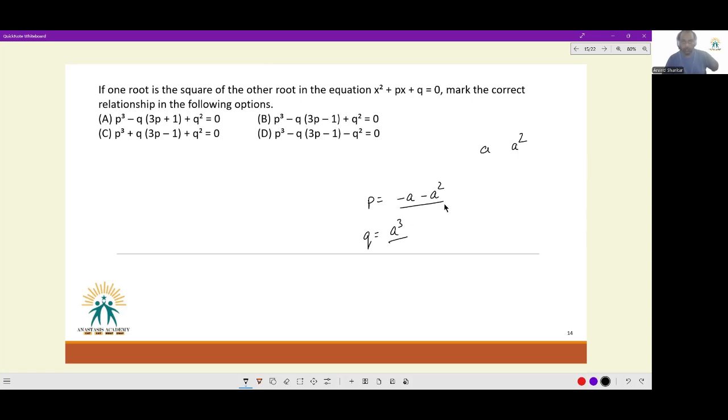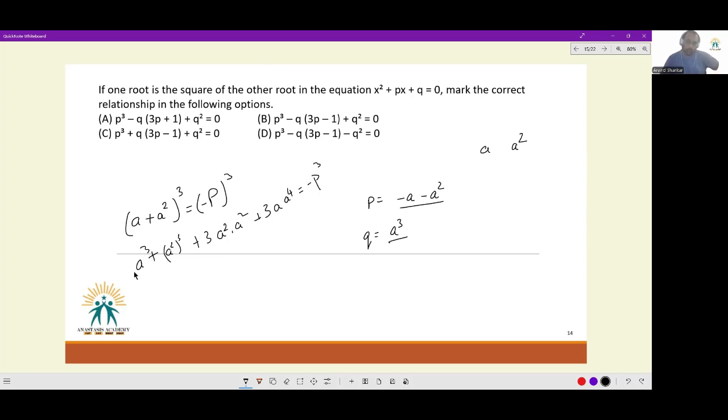With this knowledge, we can get to (A plus A square) whole cube is equal to -P whole cube, or A cube plus (A square) whole cube plus 3A square into A square plus 3A into A square, which is A raised to the power 4, is equal to -P cube.